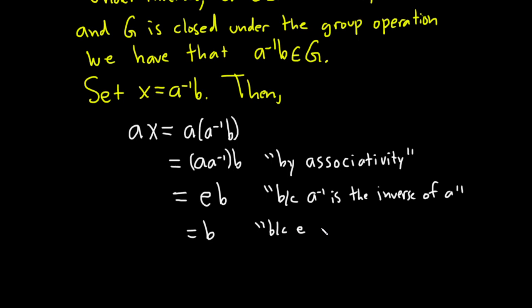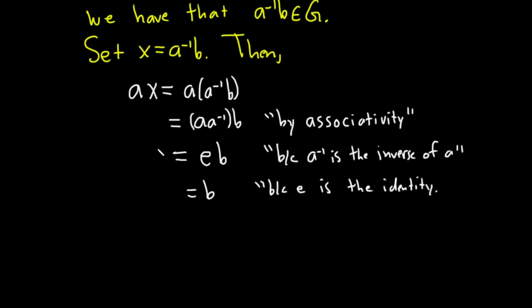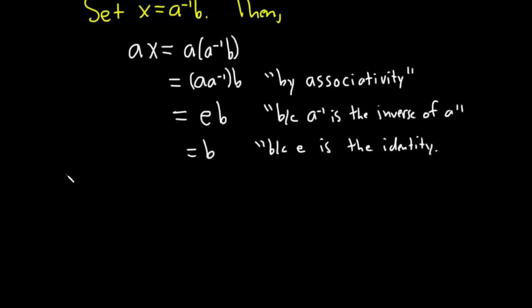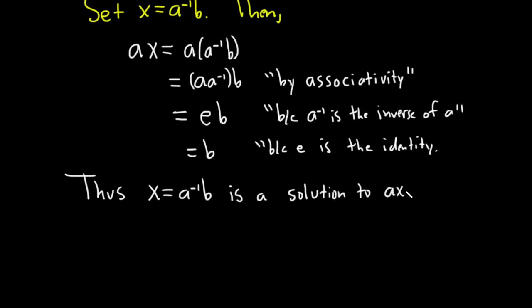And again, just justifying every single step. So we've shown that it's a solution. Thus, X equals A inverse B is a solution to the equation AX equals B.